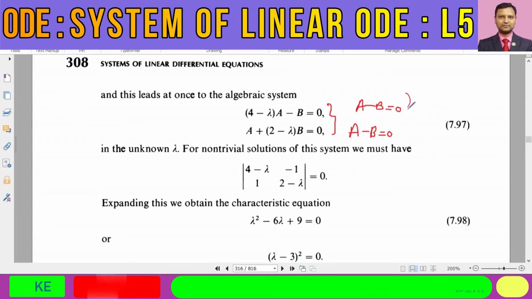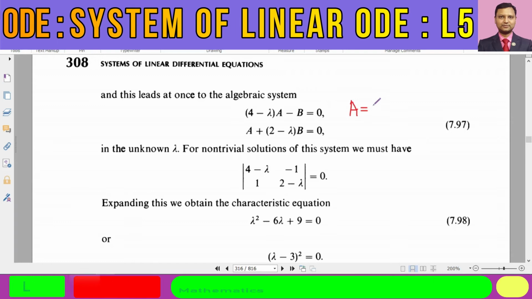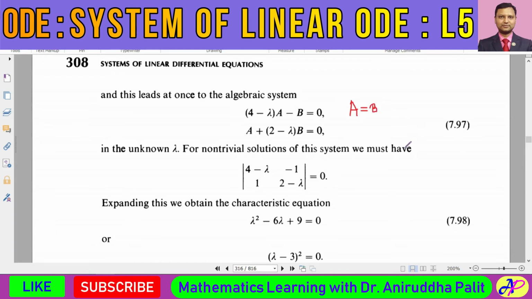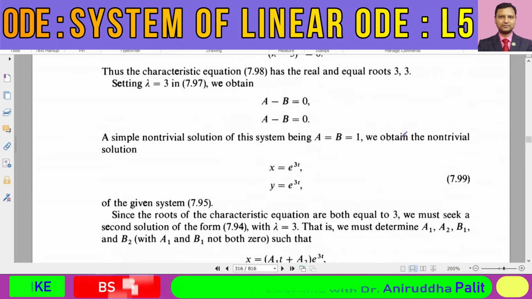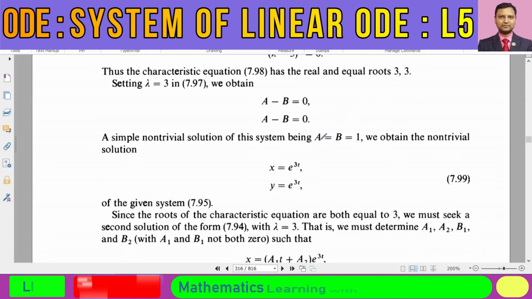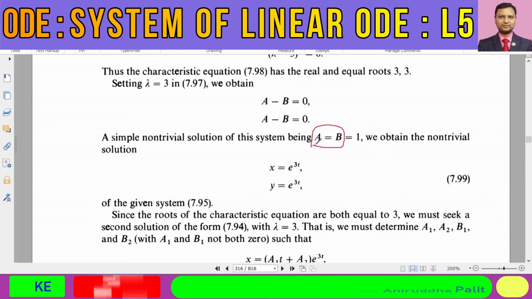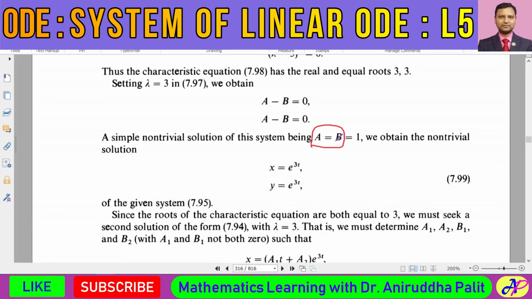So we actually get the same equation in both of these two cases. So finally we shall have the relation that A is equal to B. Whatever be the value of A and B, they must preserve this relation that A is equal to B. This relation has to be preserved.